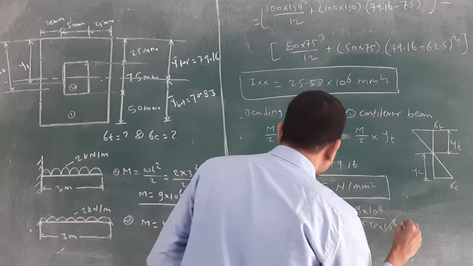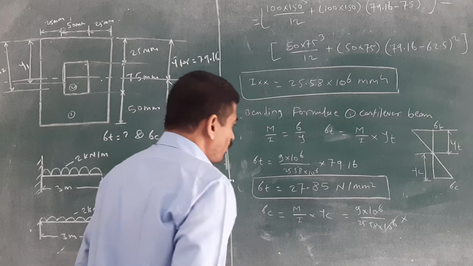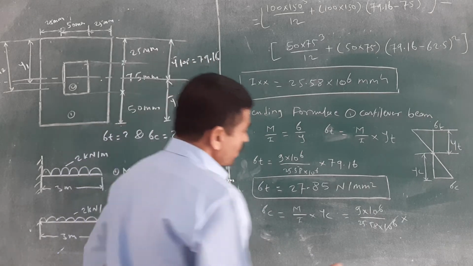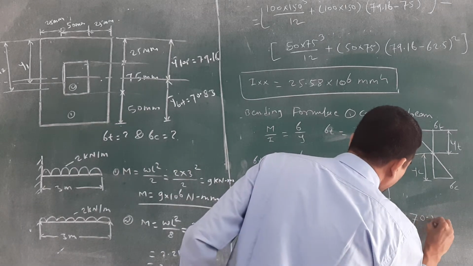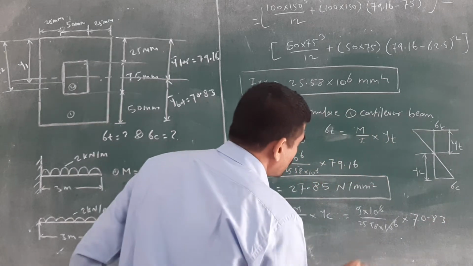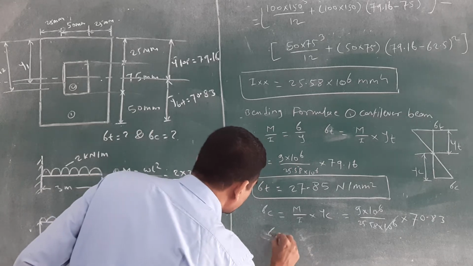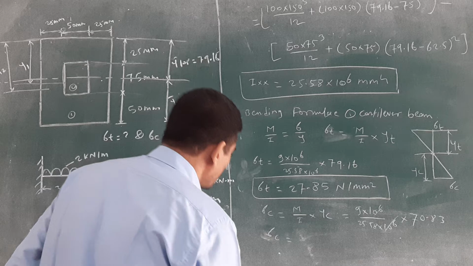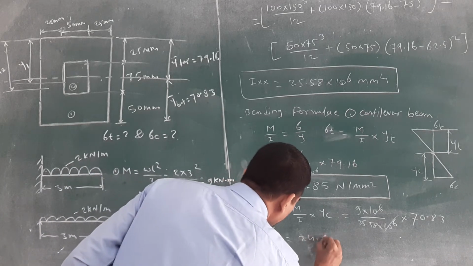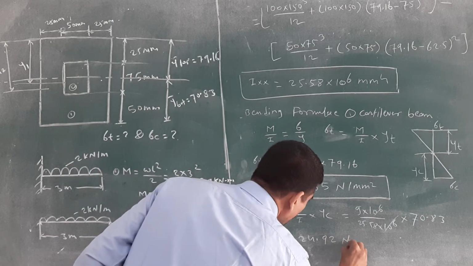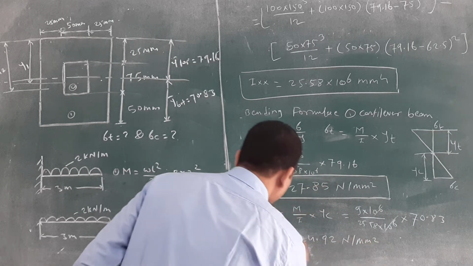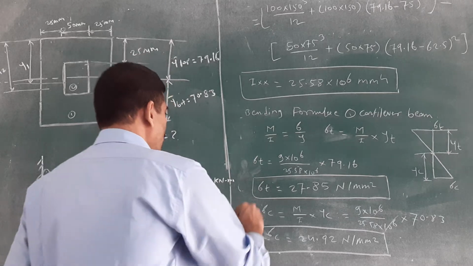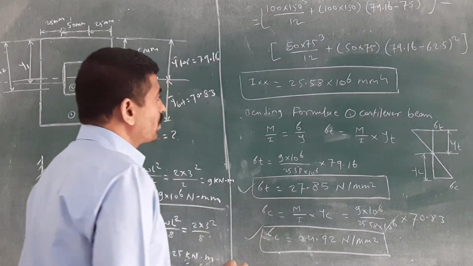The 10 raised to 6 gets cancelled, into the value of yc, which is below the neutral axis, 70.83. If you calculate, you will get sigma c is equal to 24.92 Newton per mm square. Okay, this is the first answer for the cantilever beam.